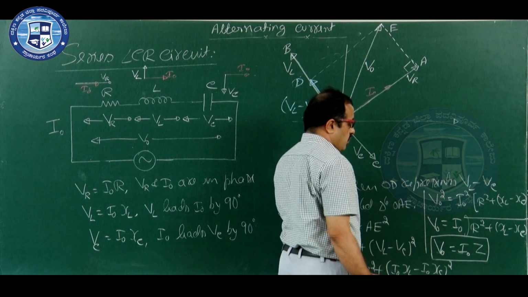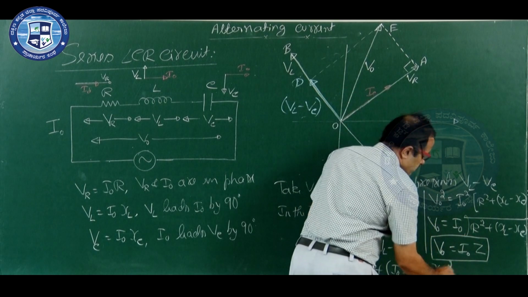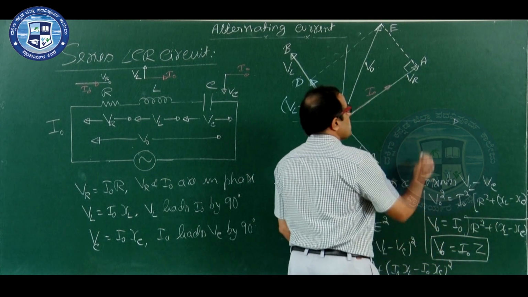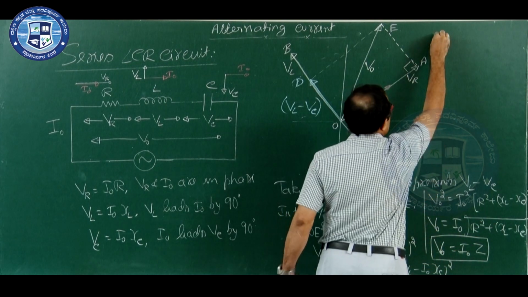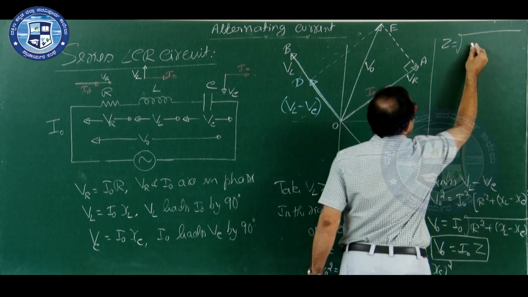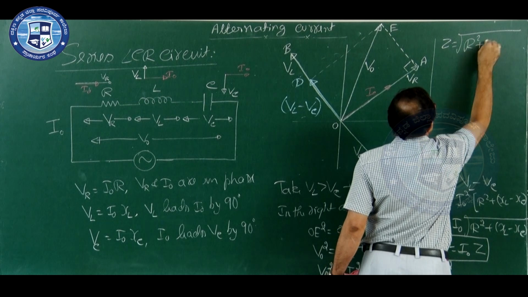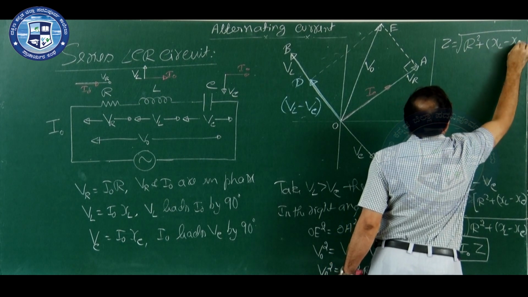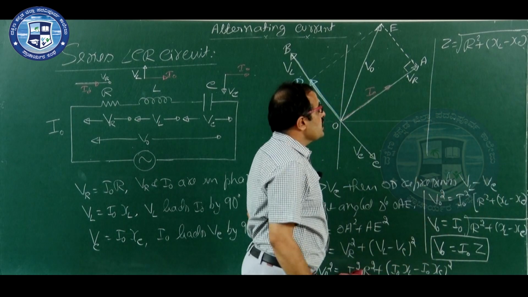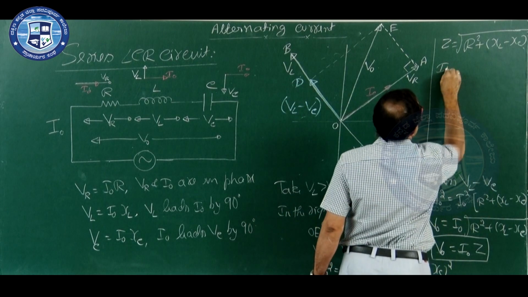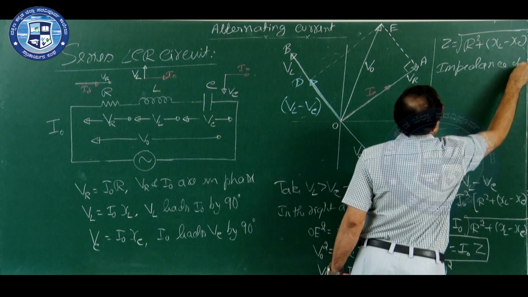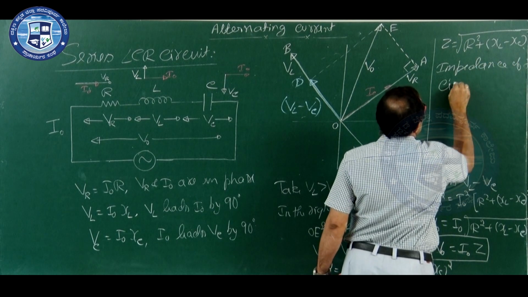And what is Z now? Z is equal to the square root of R square plus XL minus XC whole square. So, I will write it here. Z is equal to square root of R square plus XL minus XC whole square, known as the impedance of the circuit.